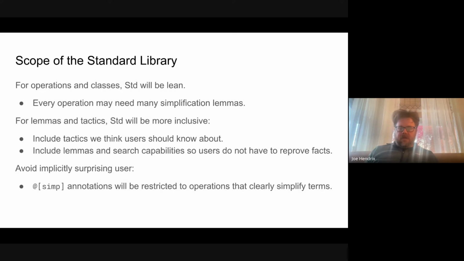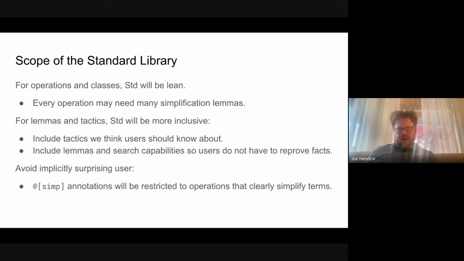Now for lemmas and tactics, standard can be a lot more permissive. For tactics, we really want to include tactics that users should know about. Tactics are key to getting proof automation, so we can be a lot more inclusive, and we want a big, broad set of tactics that are in standard, or perhaps require a separate module.